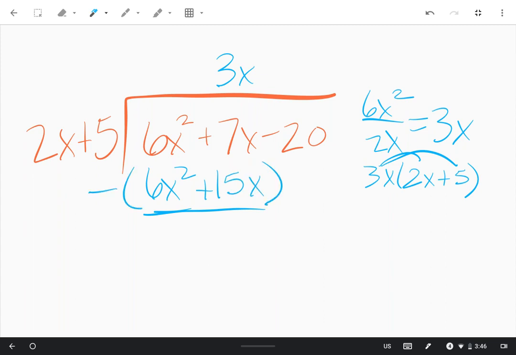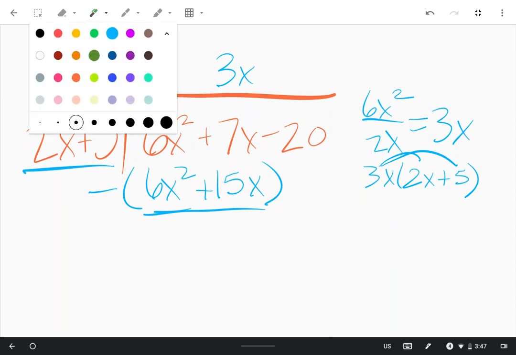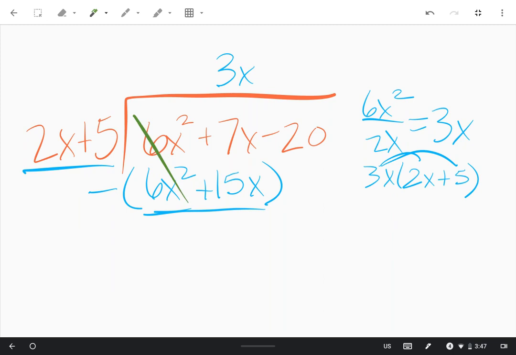Just to walk through the steps: you divide the first terms, then you multiply the answer times the divisor, and then you subtract. Every time, the first terms should cancel out. Then you subtract 7 minus 15, which is negative 8x minus 20. I brought down the minus 20, and then I do the process over again.